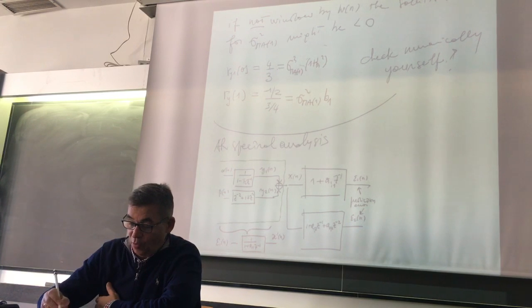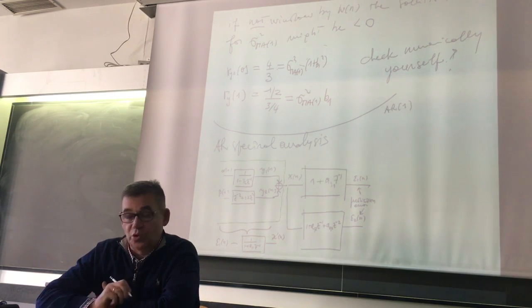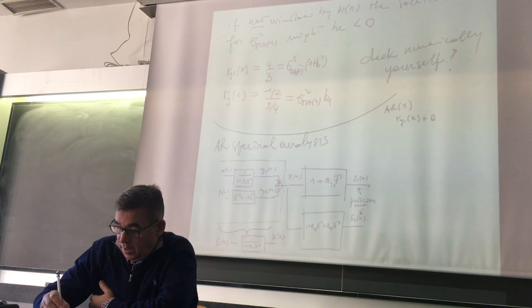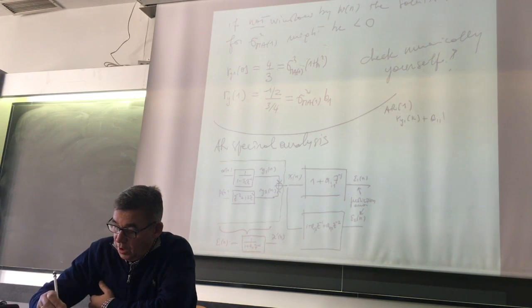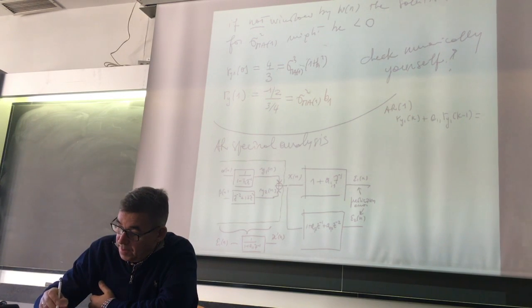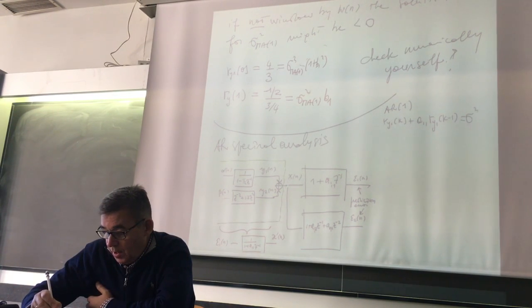Now, Yule-Walker equation for autoregressive order 1, in blue color. The Yule-Walker equation that I have to solve is Ry1 k plus A11, which is the first coefficient, Ry1 k minus 1 is equal to sigma square epsilon 1 times delta k.